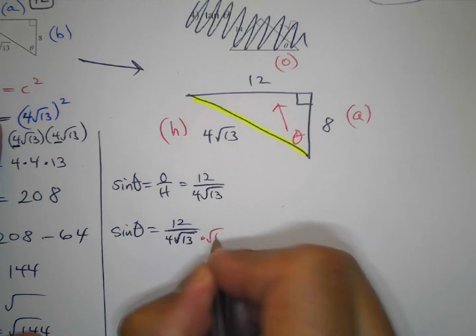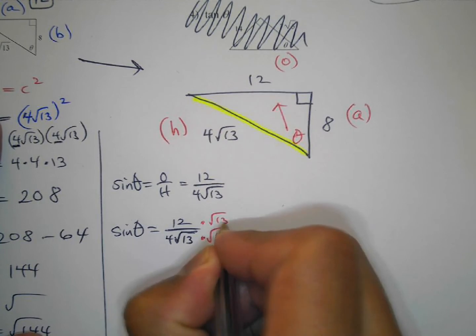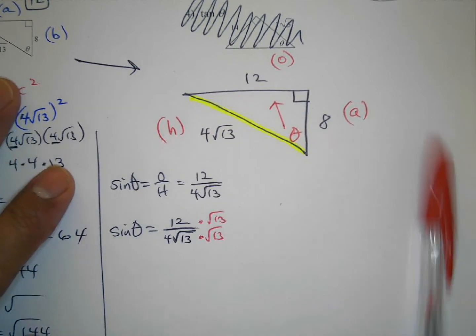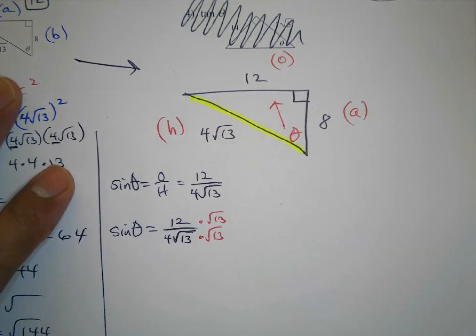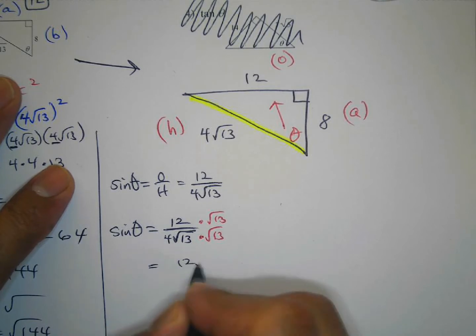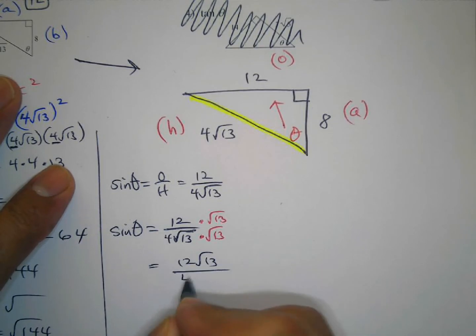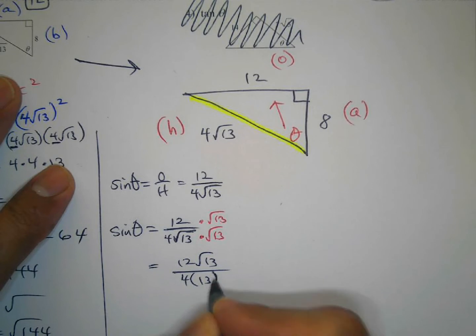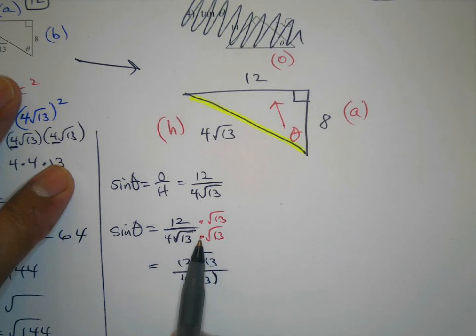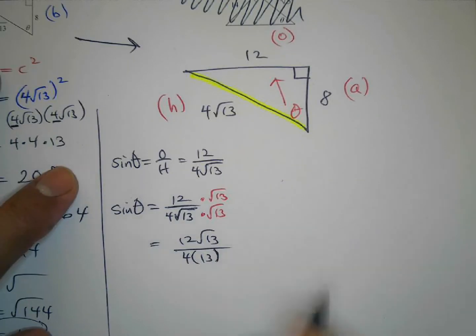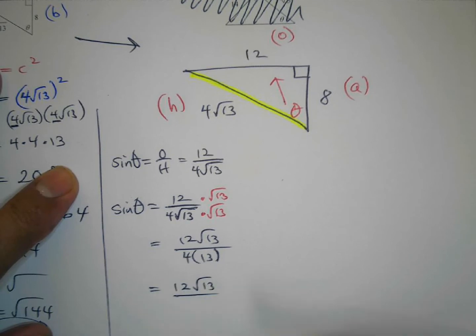You multiply top and bottom by the square root of 13. That's going to be what? 12 root 13 over 4 times what? 13. Right? Those two square root of 13s give you the whole number, and you got the 4 right there. That's going to leave you with 12 root 13 over 13 times 4.